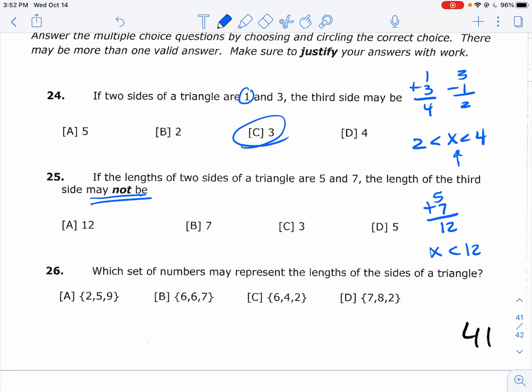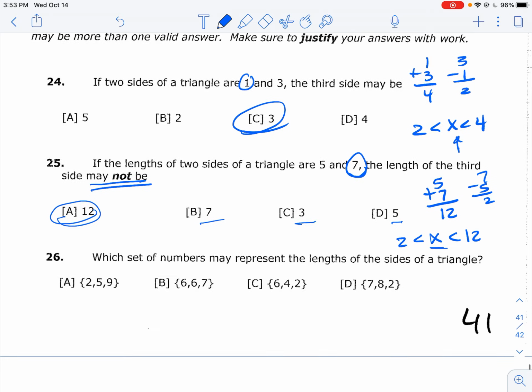Now, if 7 is the longer side, then it would have to be greater than 2. So any side that's between 2 and 12 would work. So which of these may not be? Well, how about 12? Because 12 is equal to 12, and that wouldn't work. The rest of these are going to be between, and that's okay.